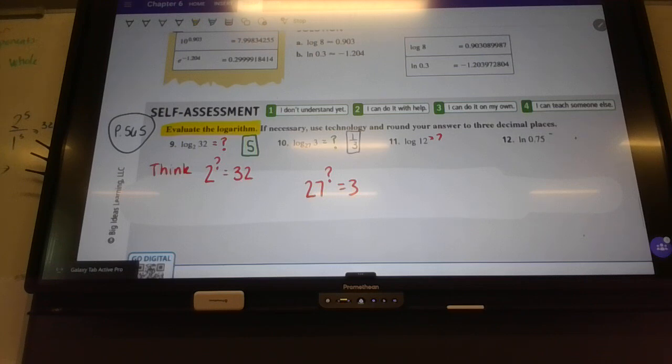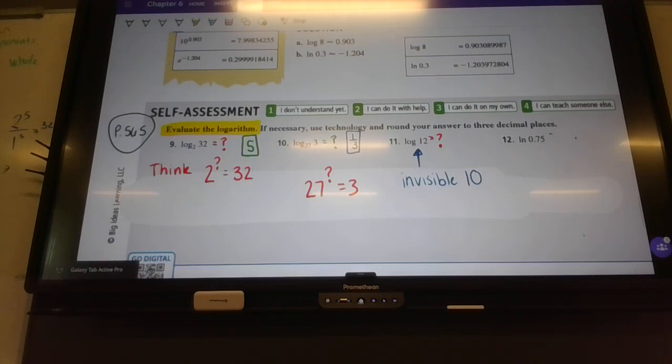Number 11. When there is an invisible base, what? Is it 0 or 1? It's a 10. It's an invisible 10 there.